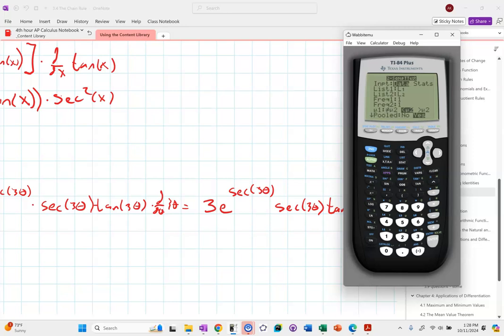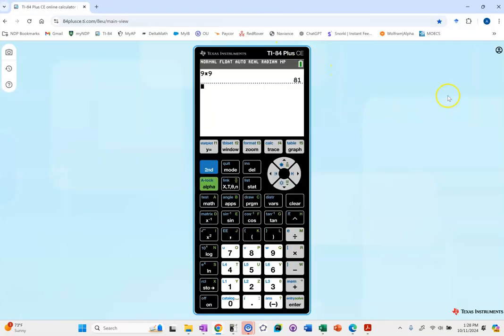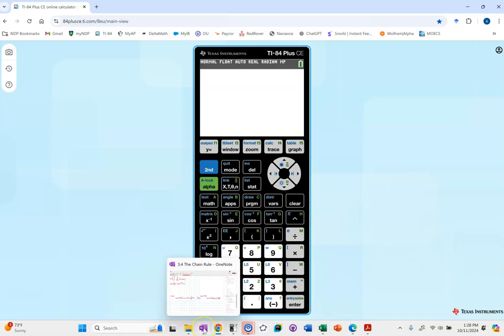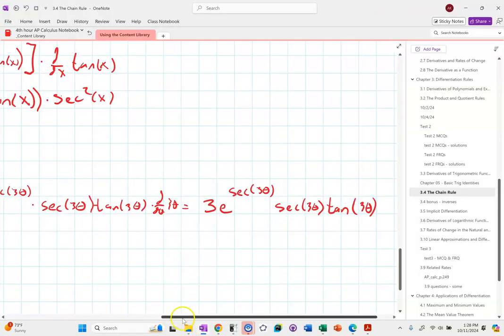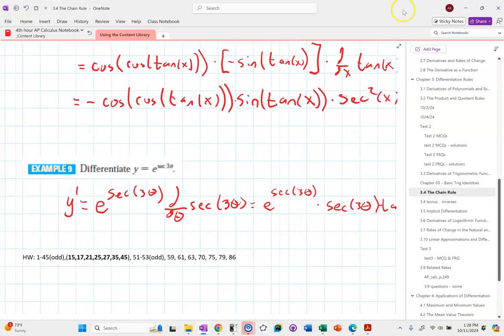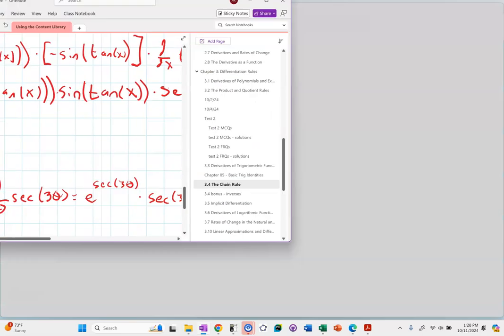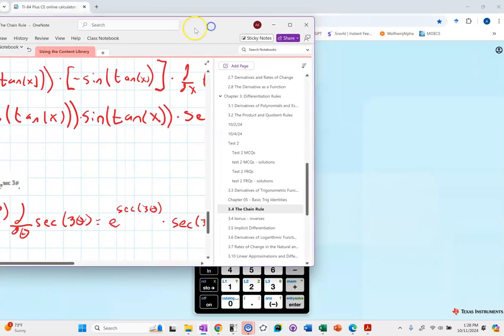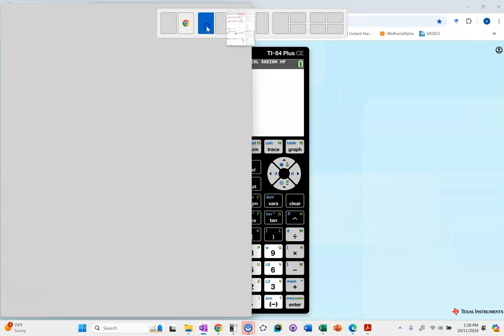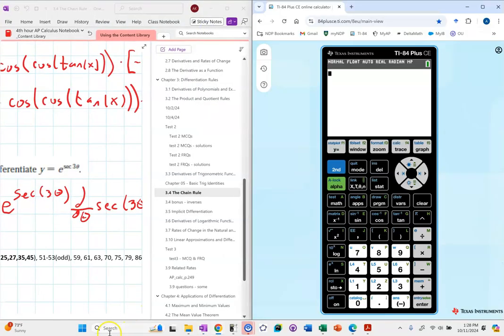I think it'll be helpful. Do this one. This is a little bigger. Yeah, of course. Anytime. If you want to borrow one of my calculators, you're more than welcome to do so.